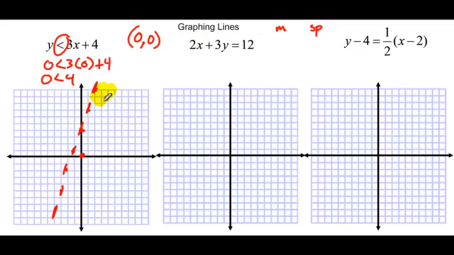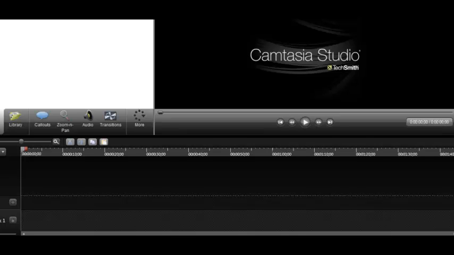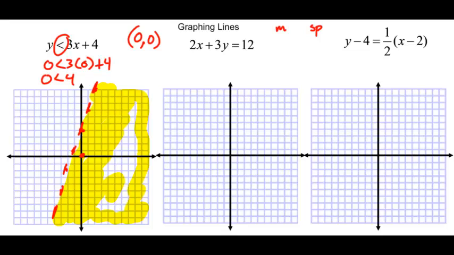So I'm going to shade on the same side as that point. So I'm just going to shade this side in. And again, the dashed line's not included, but we can kind of see what we have here. And we simply just shade in the side right here and show the shaded region right there. Okay, so there we go.